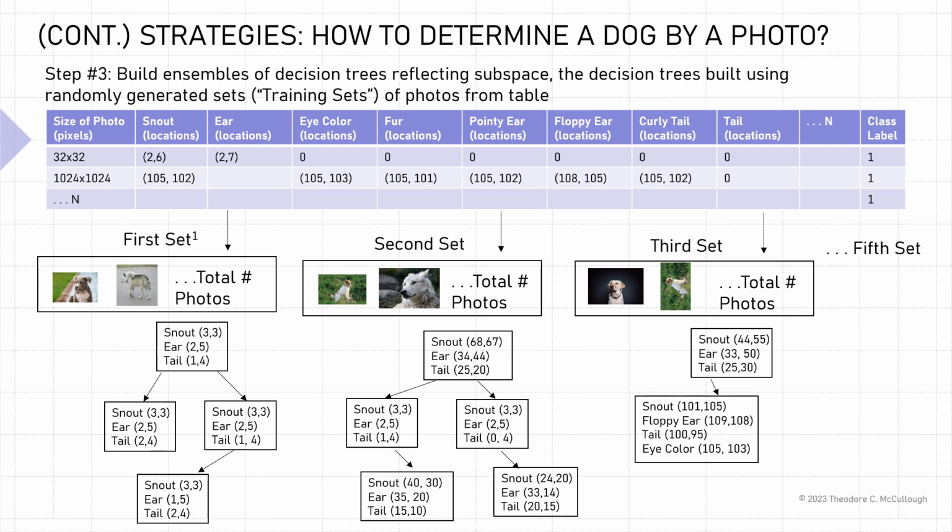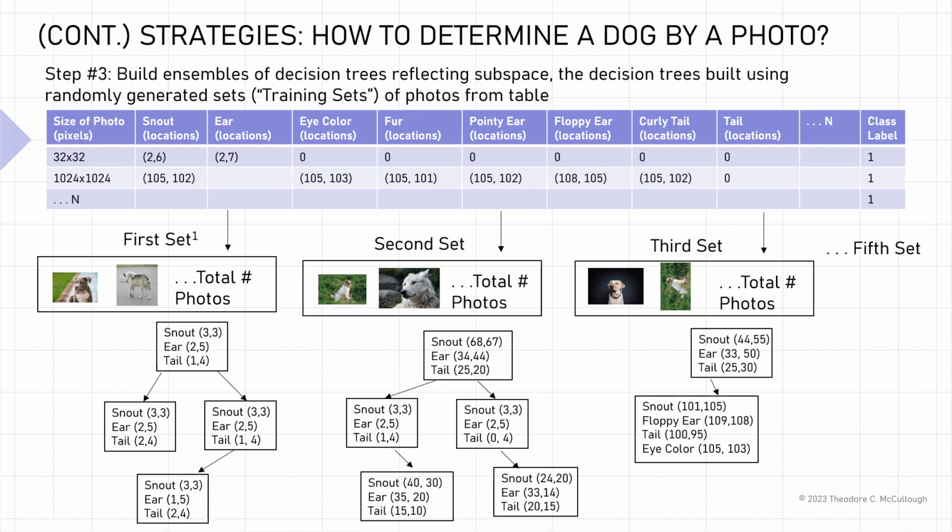The data set's going to be created by taking at least 66% of the table and putting that into a decision tree, and then randomly selecting the remaining 33% from the total data set. That randomly selected portion is basically randomly selecting a photo and all of its associated features.